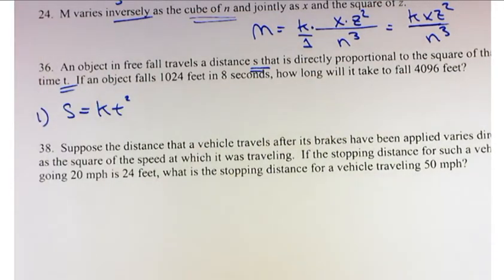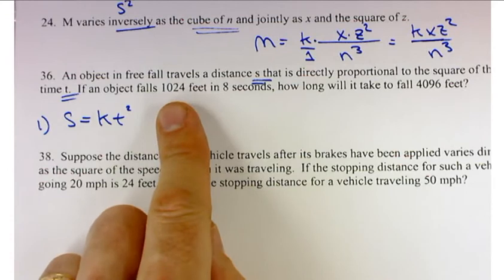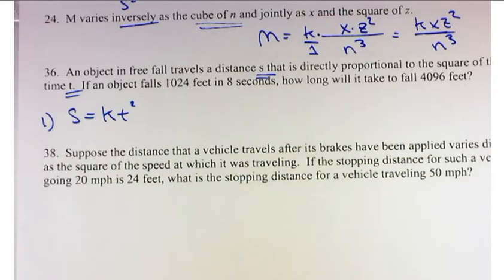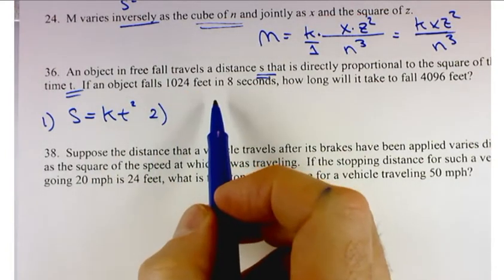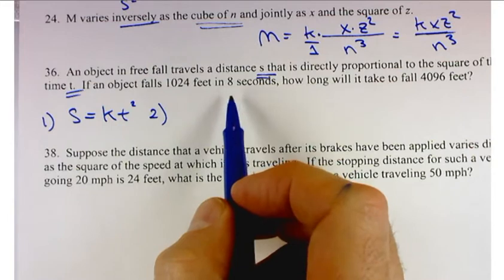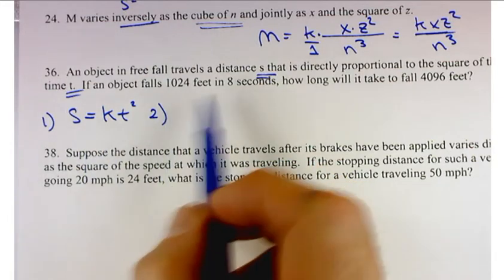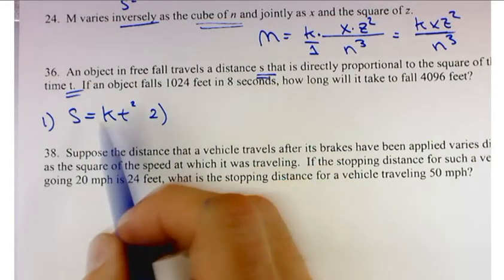The second step, they're going to give you some information that's going to allow us to solve for k. It says, if an object falls 1,024 feet in 8 seconds, stop the presses. Let's see if that allows us to solve for k. If I put those terms into the model, what goes where?